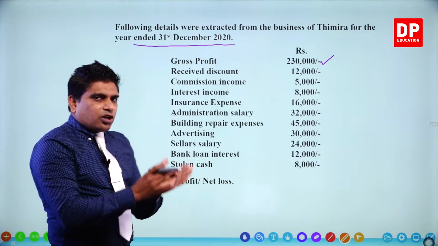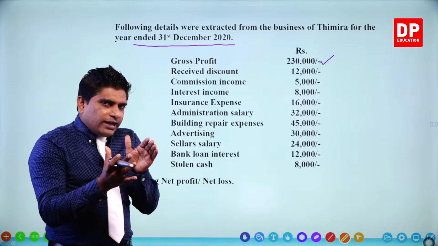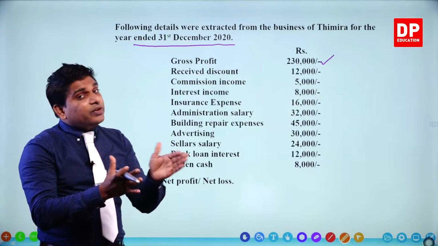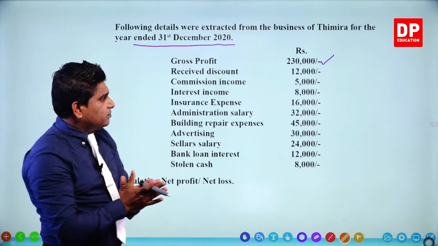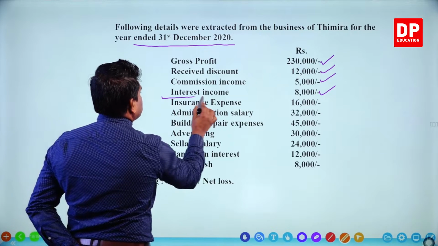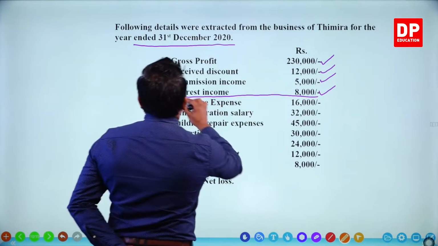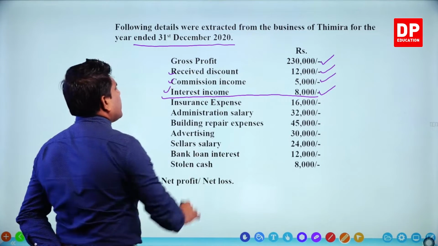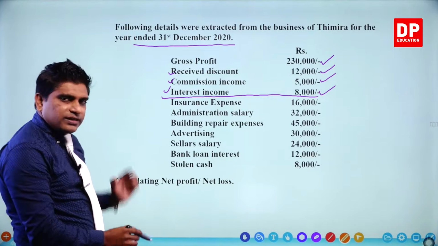After the gross profit, if they have given other income, we have to write it. Then discount receipts is given, commission income also given, interest income also given, right? These all are income. These 3 incomes we write after the gross profit.